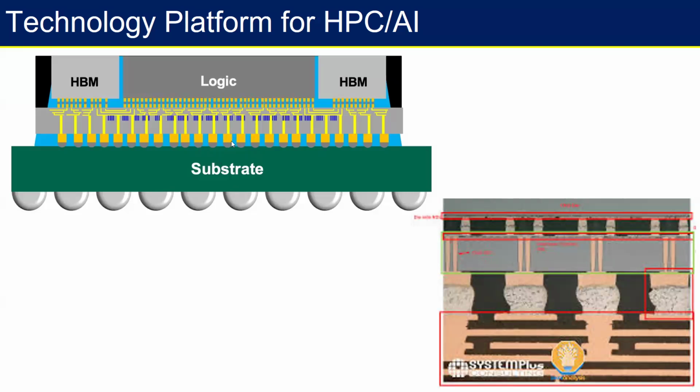Now, one approach is I could put the logic die directly on this substrate. But what I lose in doing that is, it's again like how I connect different houses. If the number of houses is small, probably I need fewer roads. But if my houses become too many, then I have to plan it out.